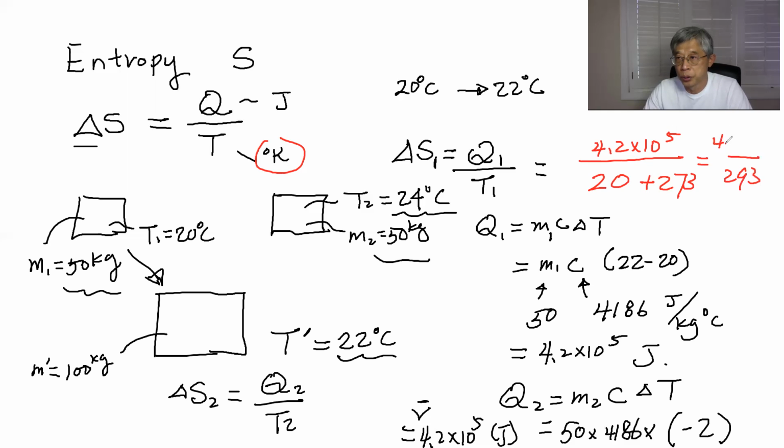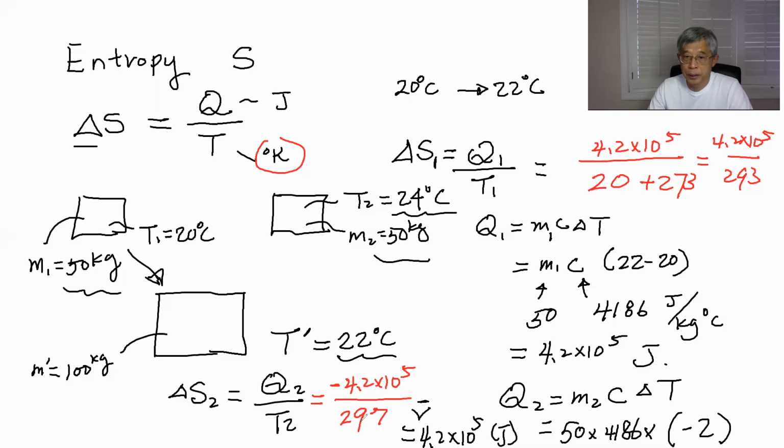We're not going to work it out, but you can do that yourself. Q2 is 4.2 times 10 to the 5, but has a minus sign, and T2 is 24, so it's 297. You can see the numerator is the same value, but in the denominator this one's bigger.